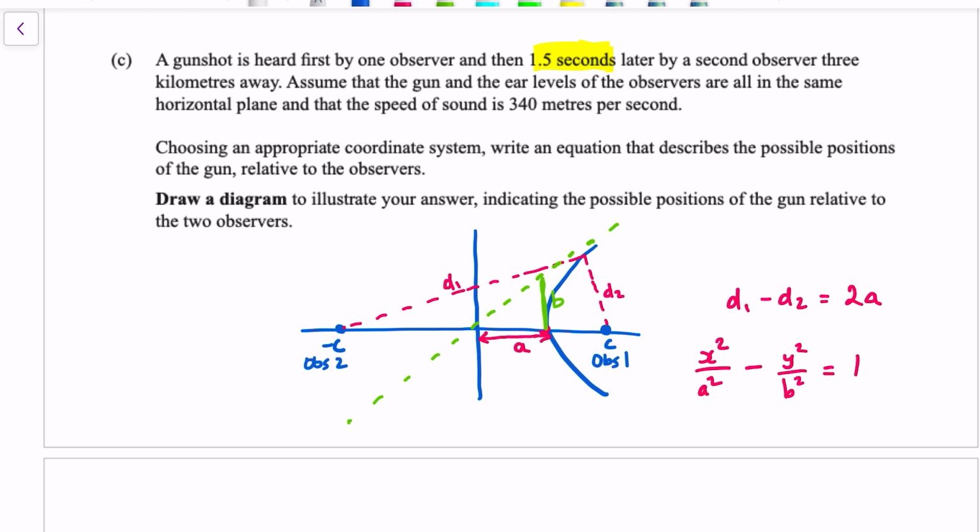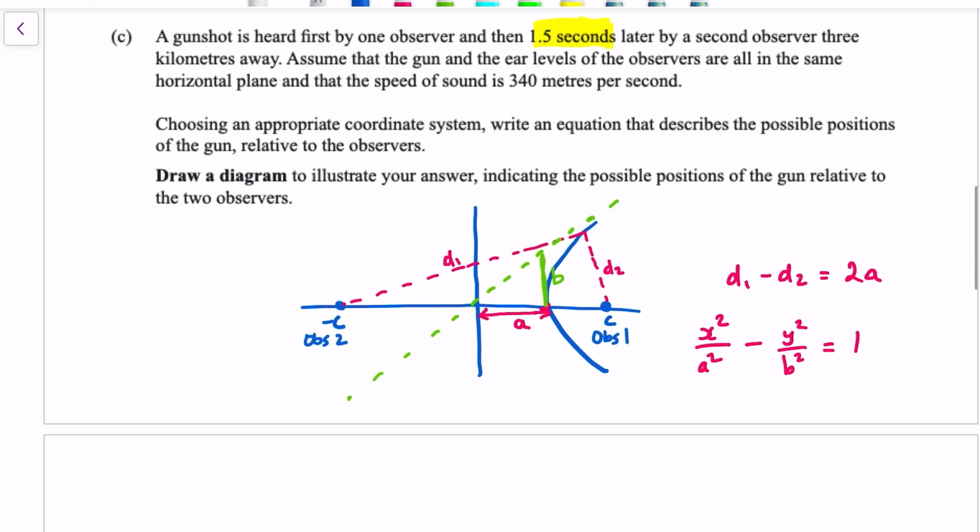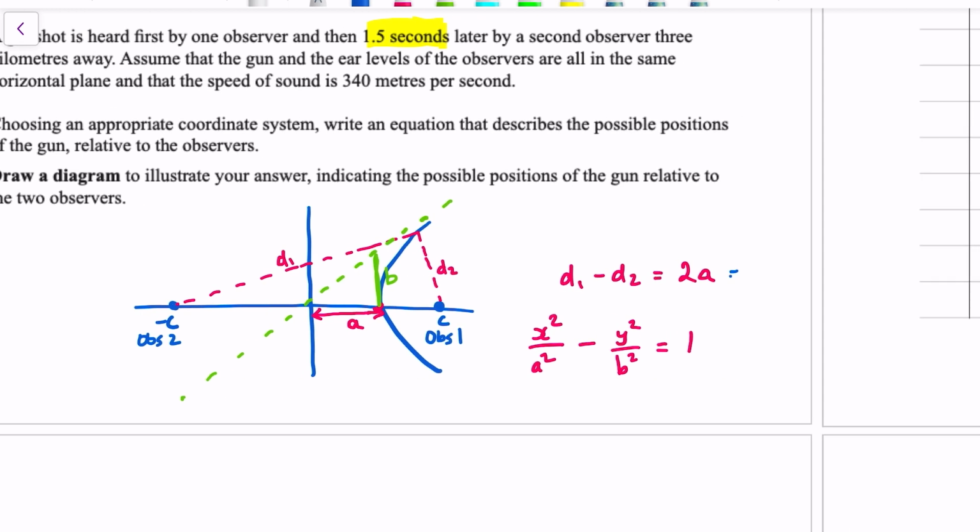So for this particular question, d1 minus d2 equals 2a is equal to 340 meters per second multiplied by 1.5 seconds. That being obviously a distance, meters per second times seconds. 340 times 1.5 is 510. Just confirming my basic numeracy. Yep, it's 510. I wouldn't want to make a mistake there.